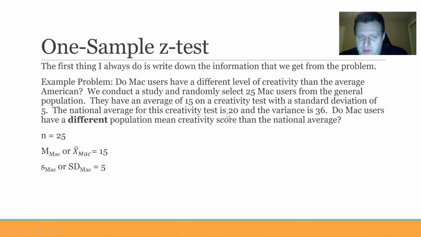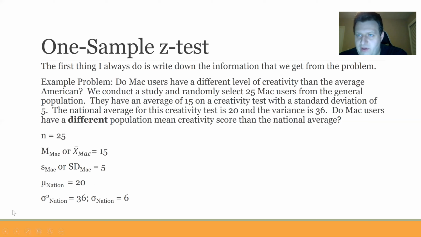The national average, well, national average is a population mean, so I'm going to use mu, is 20. So I have mu, and to refer to what particular population mean, I have my subscript of nation. It could be nation, it could be national, it could be USA. Doesn't really matter as long as I know what's going on here. Equals 20, and I have the population variance.